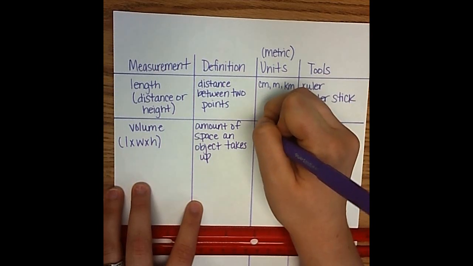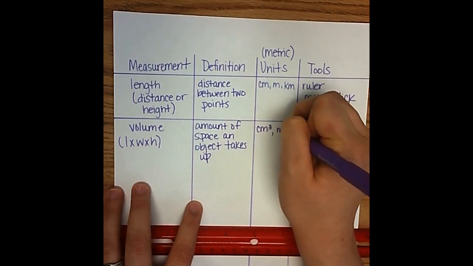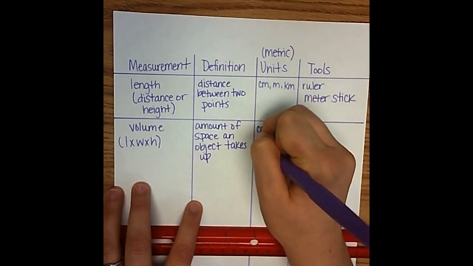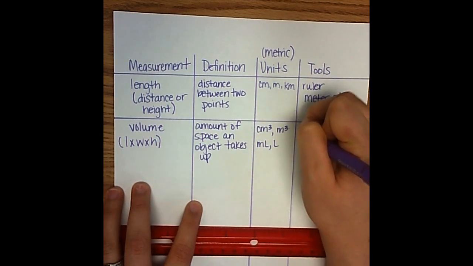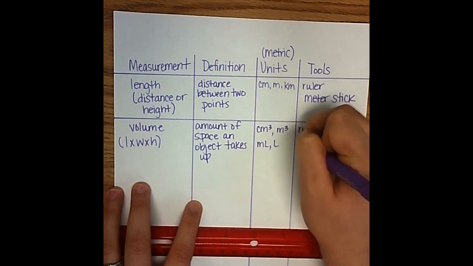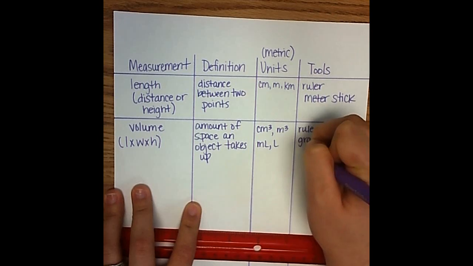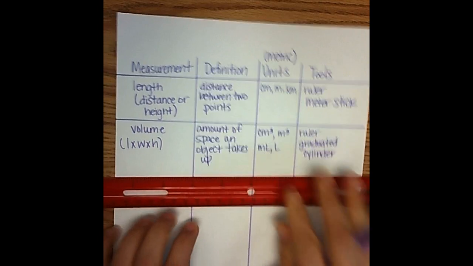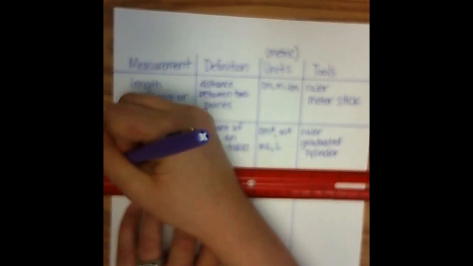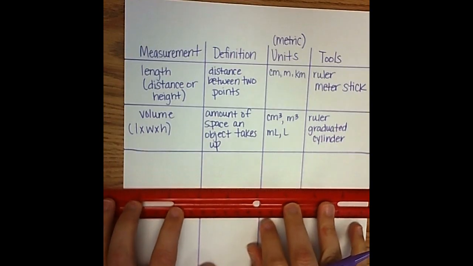Okay, now if we measure volume, we're going to measure it in cubic centimeters. We're going to measure it in cubic meters. Now if we do liquid volume, we use milliliters or liters. So you can use a ruler or a graduated cylinder. So this is one type of data you can collect.